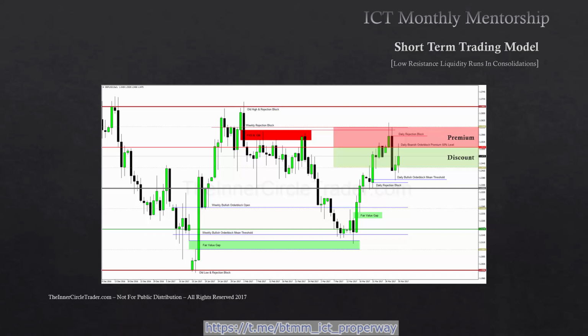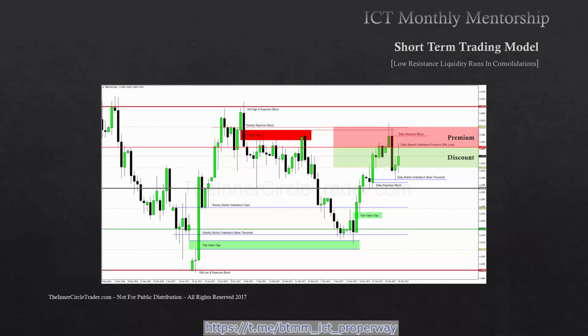So we're blending the elements of time and price. We're looking at the market in the scope of overbought, oversold, but not in the context of an indicator. We're looking at it algorithmically in the scope of quadrants that are broken down into premium and discount. And by itself, it doesn't mean anything.